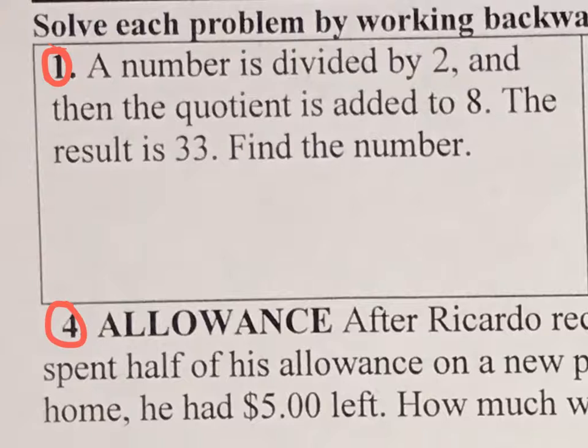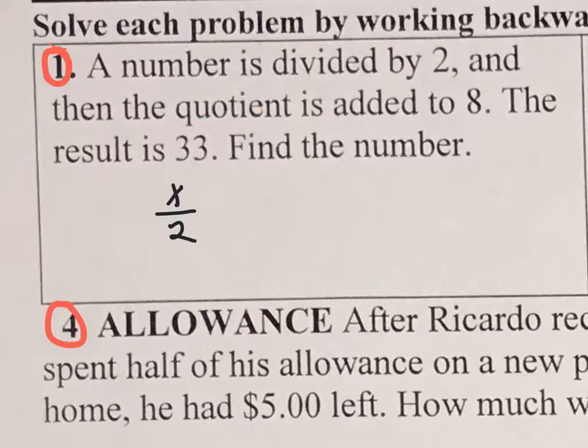It says a number is divided by 2. So let's write down a number. I'm going to put x, or you can put n, or any variable you want, divided by 2.